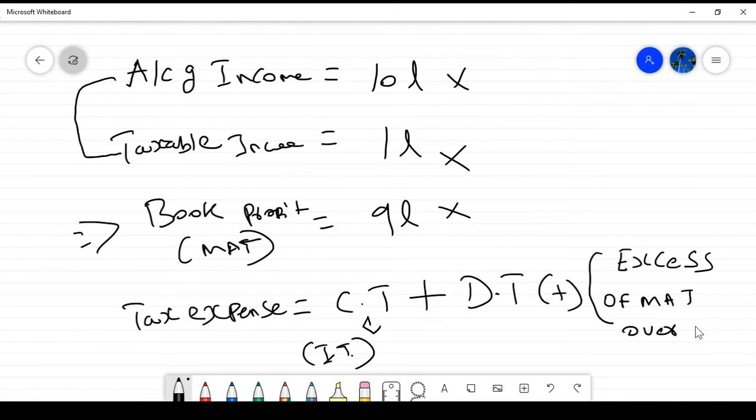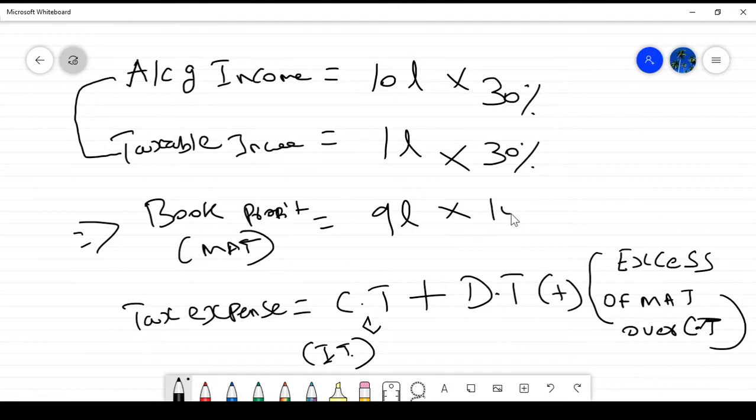Okay, so what I am going to do: accounting income 10 lakh, tax rate 30% only I have to apply. And taxable income, how much? 1 lakh. On that also 30% only I have to apply. Book profit is an alternative tax method under the Income Tax Act. A separate rate of tax will be given, on which 10% I have to apply.